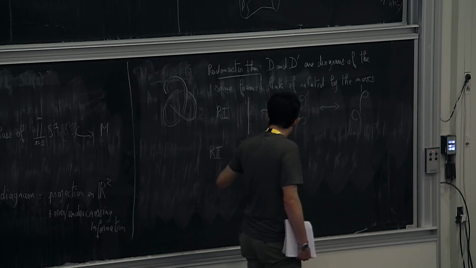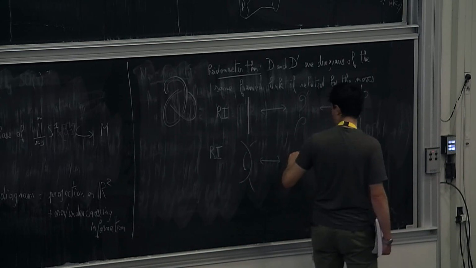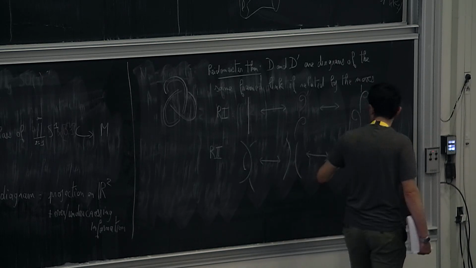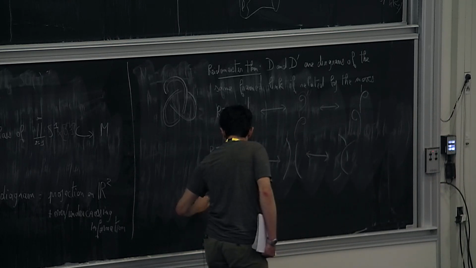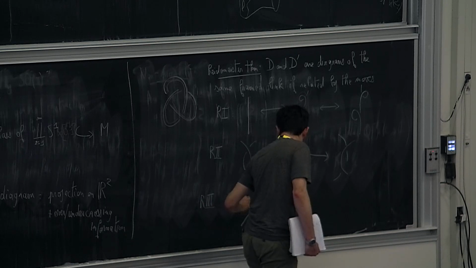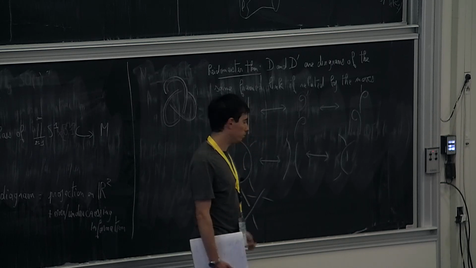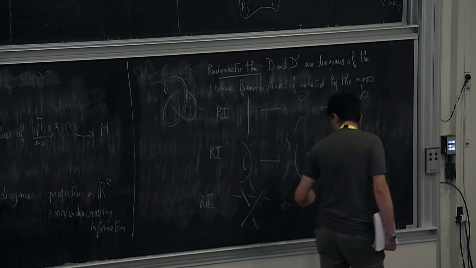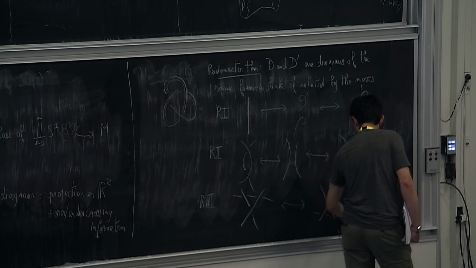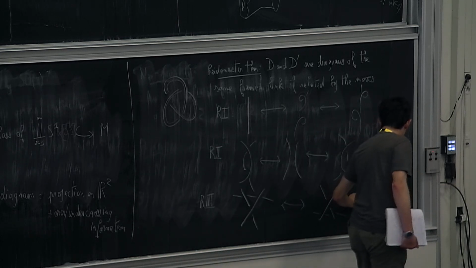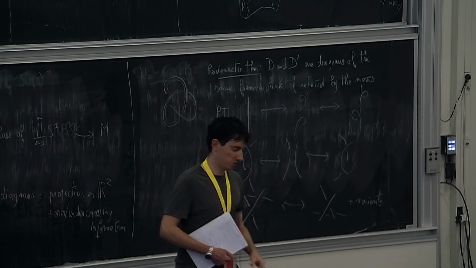Second move is when you have two strands that have two crossings like this, you can make them disjoint. And the third one is when you have three strands, two of them make a crossing, and there's another one that goes, for example, behind. Well, you can move this below the crossing. Okay, and well, you have variants of this one. You can put the strands here in several similar positions.